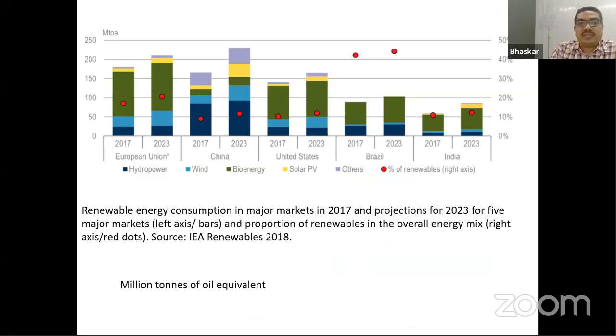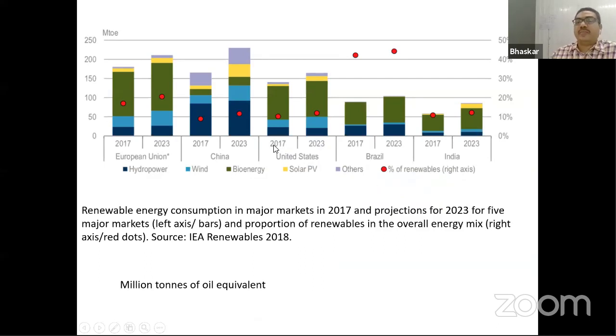So if we see the scenario of various countries, here we can see the renewables, which vary from hydropower, wind, bioenergy, solar photovoltaics, and others. The share of bioenergy is significant in most countries, in the European Union and Brazil, India as well, and the United States as well.